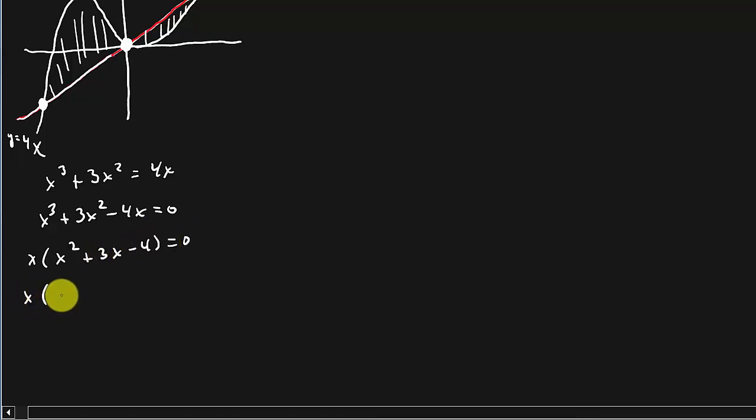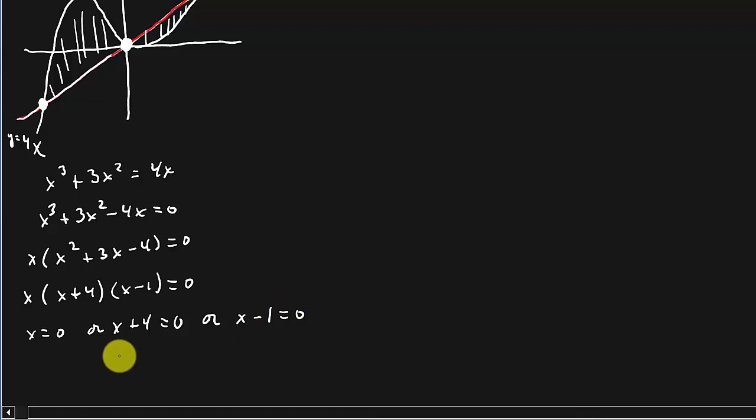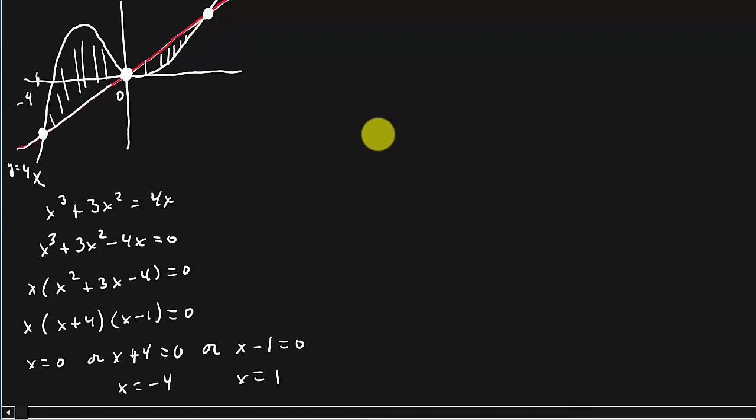So x times x plus 4 times x minus 1 equals 0. So x equals 0, or x plus 4 equals 0, or x minus 1 equals 0. So here x is negative 4. That's a plus sign. x equals 1. So they're going to intersect at negative 4, 0, and 1.